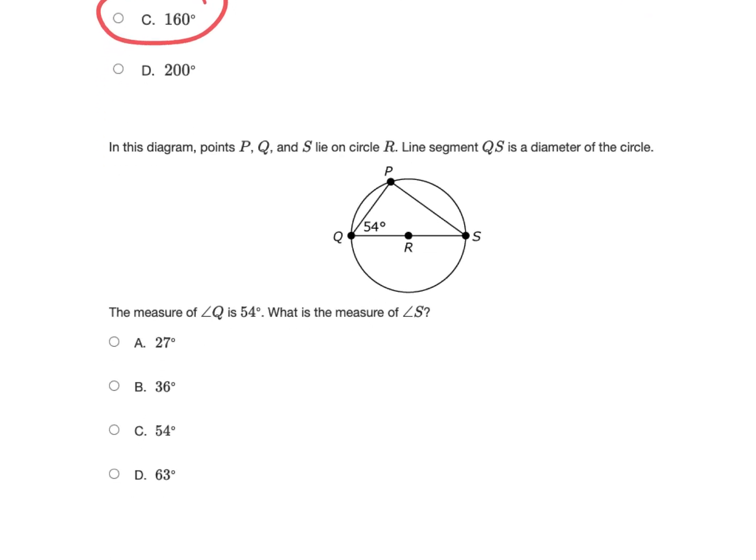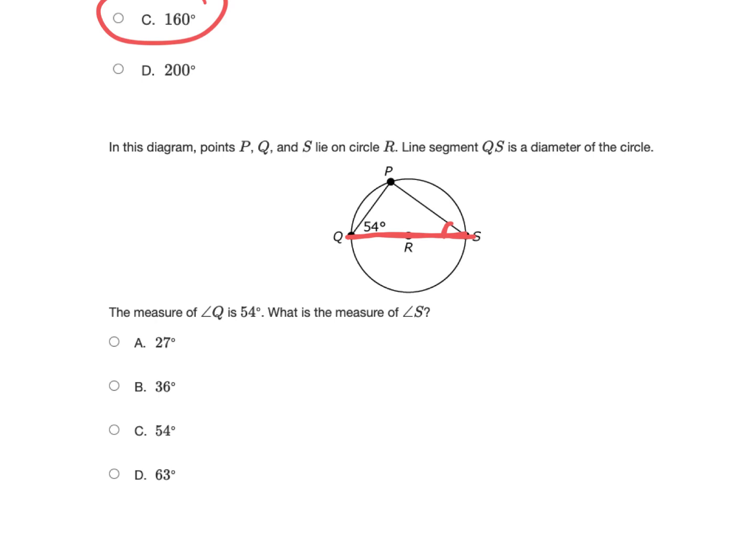Same thing here, but in this particular case, QS is a diameter because it goes through the center of the circle. If the measure of angle Q is 54 degrees, what is the measure of angle S? Again, we're dealing with inscribed angles.